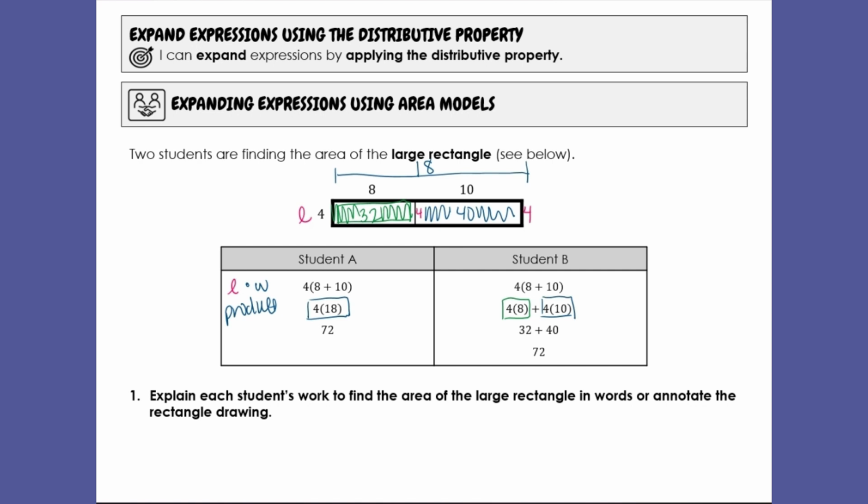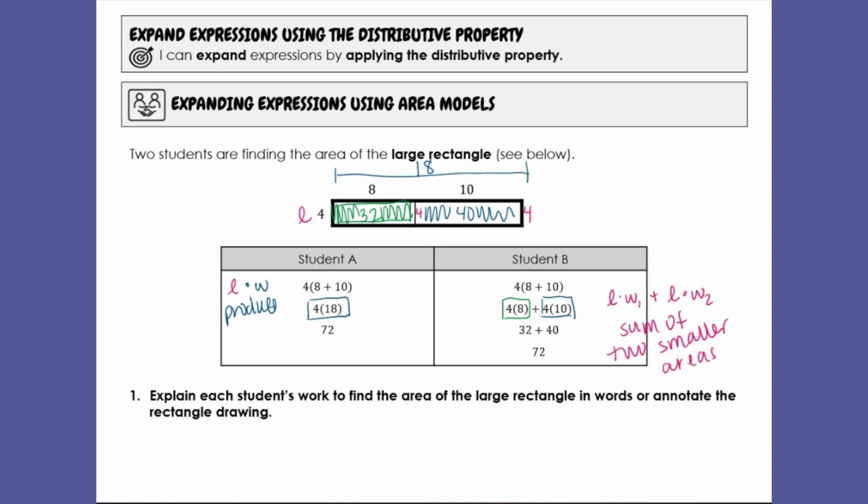If you take those two areas and add them together, it's going to give you the area of the big rectangle. So they were thinking about it as the length times the first width plus the length times the second width, the sum of two smaller areas.